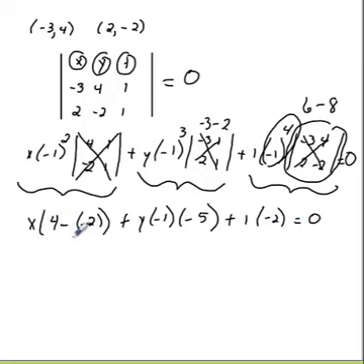So I'll have 4 plus 2, I'll have 6x. Y times -1 times -5 is +5y, minus 2 equals 0.